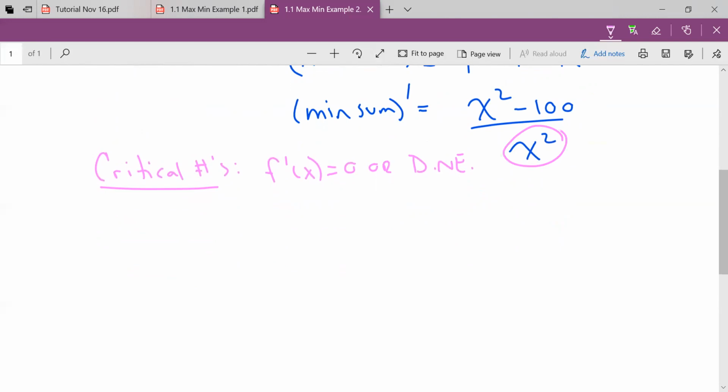So there's one critical number. The other ones, when we set it equal to 0, if you want to factor it, you could have also added 100 to both sides and then square rooted it. However you want to do it, friends, there's what you get from there. And again, x can't be 0. So we've got three critical numbers that we're going to check out here.